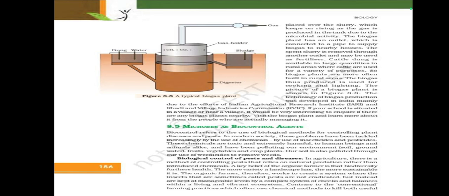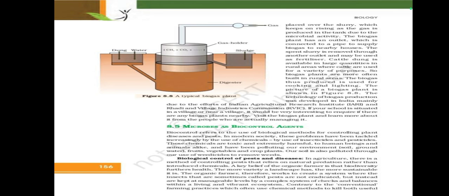The biogas plant has an outlet which is connected to a pipe to supply biogas to nearby houses. The spent slurry is removed through another outlet and may be used as a fertilizer.